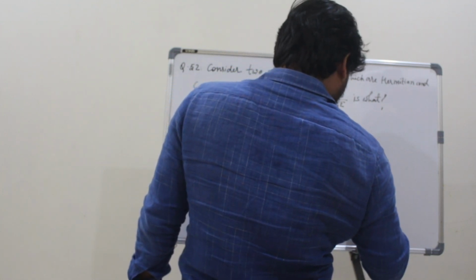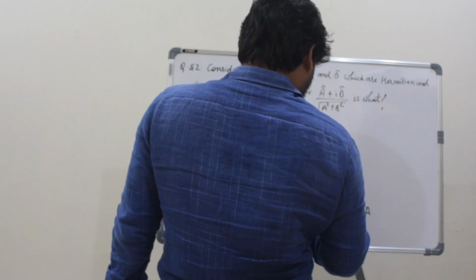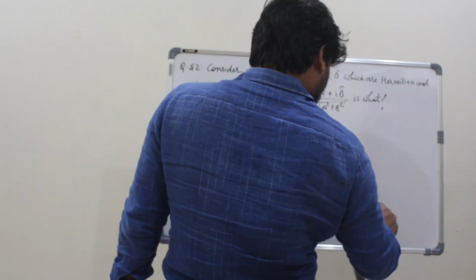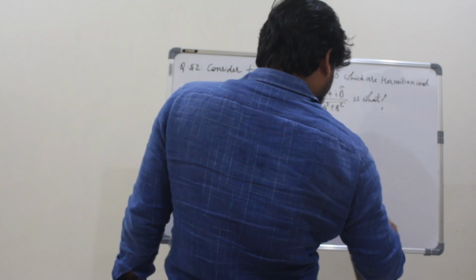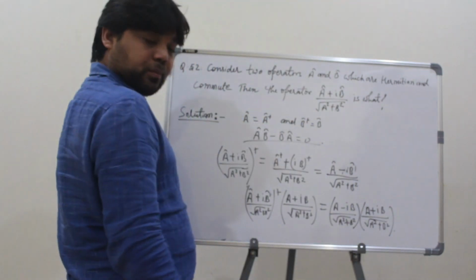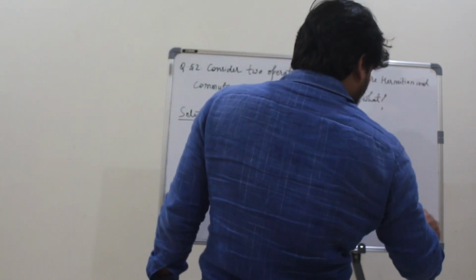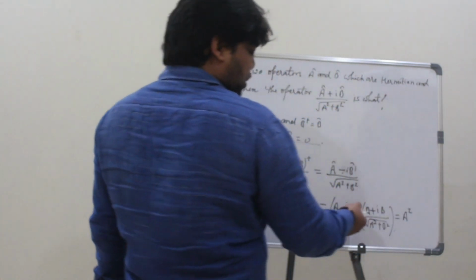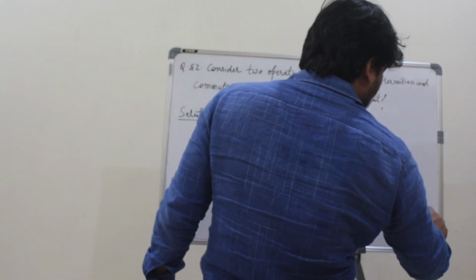And this is a plus ib divided by root a square plus b square. Right? So it gives you a square minus i square b square, but minus i square is nothing but plus.